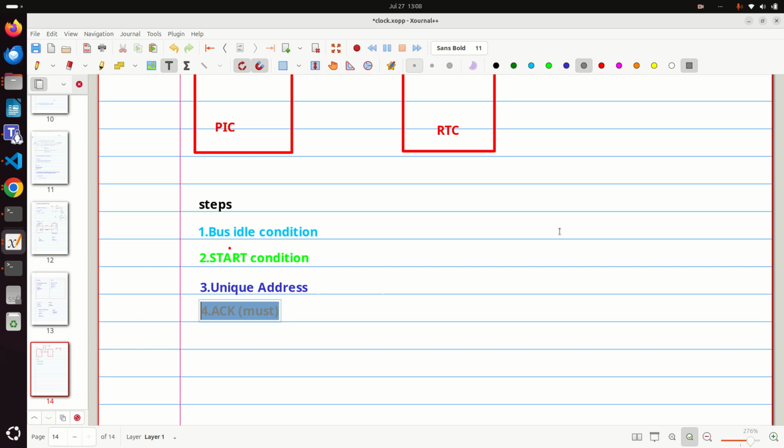So after that RTC got to know master wants things with respect to the seconds register. But how will RTC know whether master wants to write into the seconds register or read from it? How will RTC know the intention of the master?